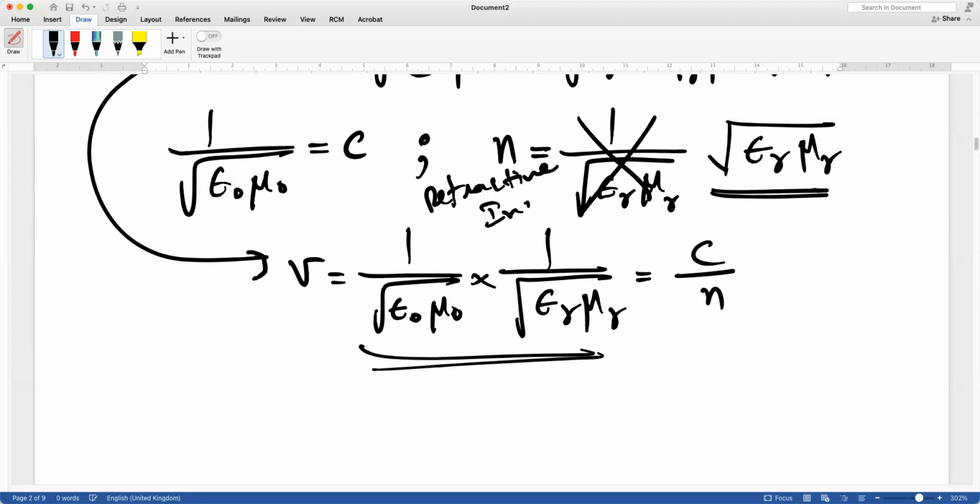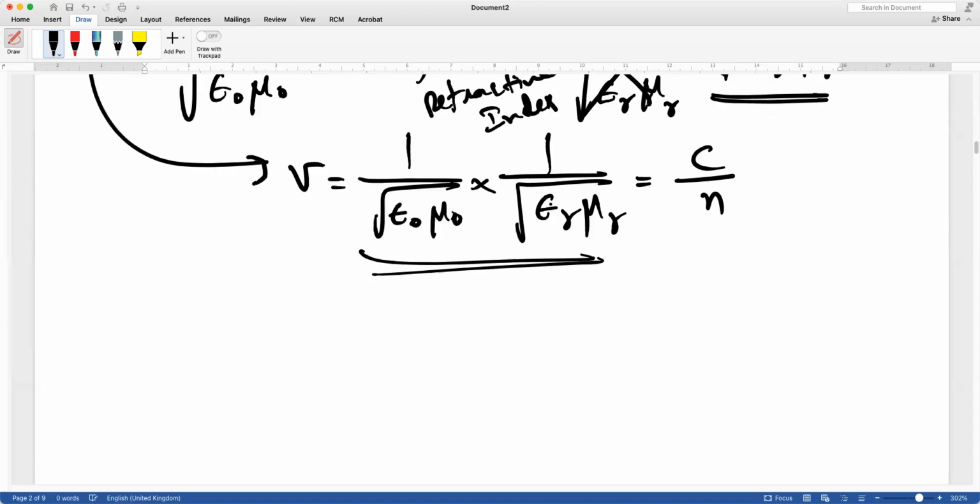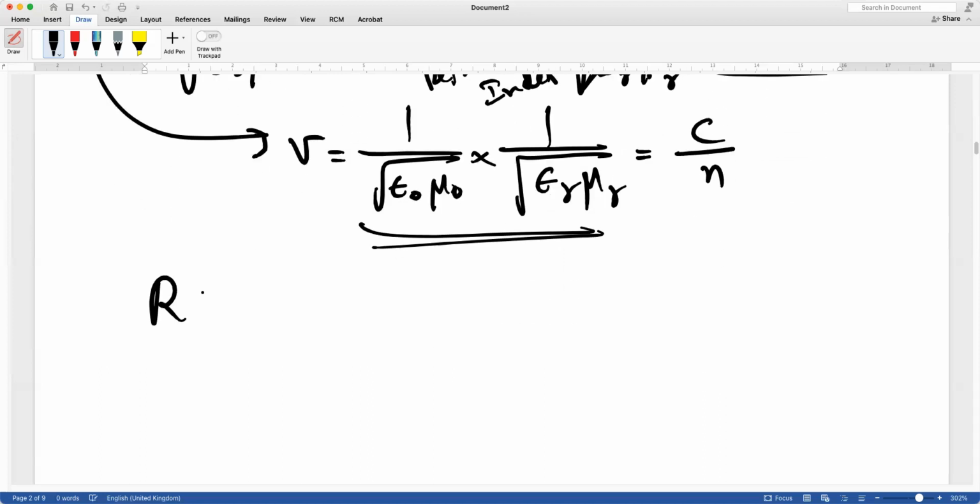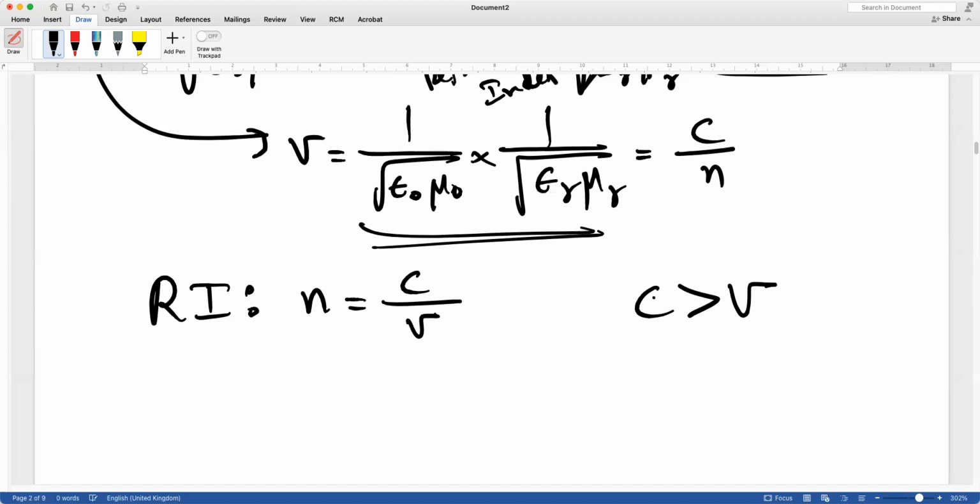Is that okay? Yes, sir. Okay, so we call that RI in short. The refractive index n is actually given by C over V. Is that okay? Yes. The C will always be greater than the V, because this is the maximum speed in nature.